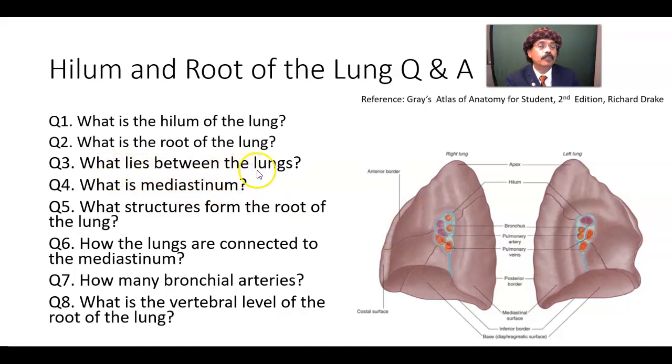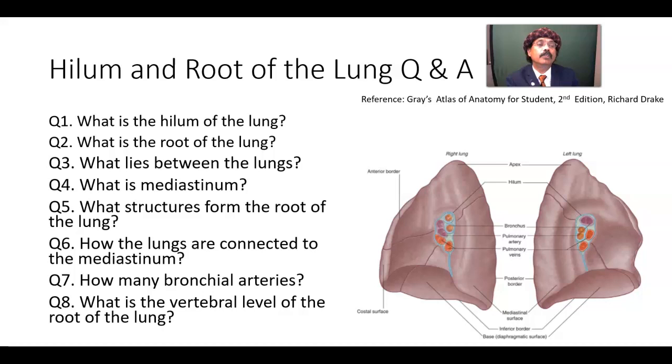What lies between the lungs? Between the lungs, we have the mediastinum. What is the mediastinum? The mediastinum is the partition. It is composed of multiple structures which are located in between the two lungs. Okay, so the lungs are not a part of the mediastinum of the thorax.